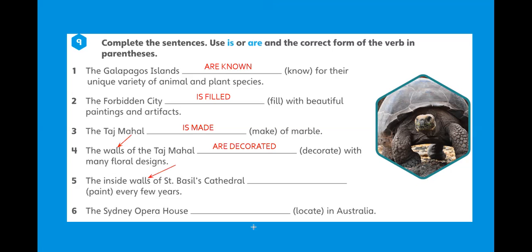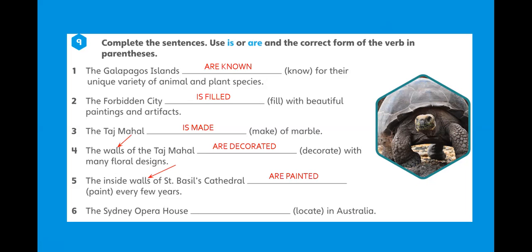And then of St. Basil's Cathedral, that is more information about the walls, the characteristics of where they are or what they belong to. So the walls are, as we said with the previous sentence, painted. We have a regular verb. The walls are painted every few years.